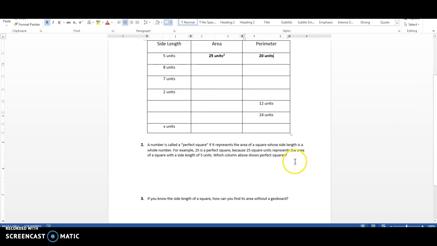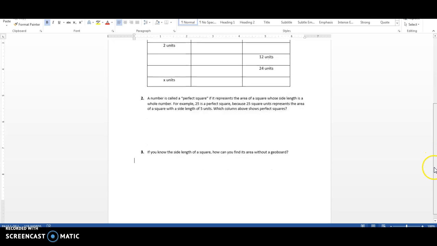If you know the side length of a square, how can you find the area without a geoboard? Well, that's actually rather simple. So let's say that, for example, we have the side length of 3 units. Now, how would we find that? Well, we would do what we've been doing.